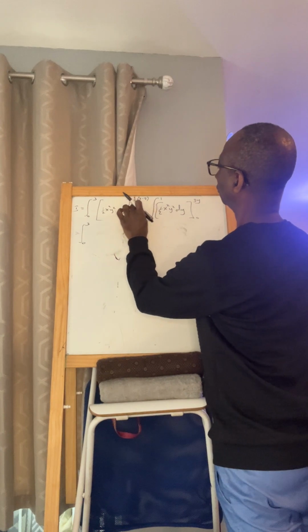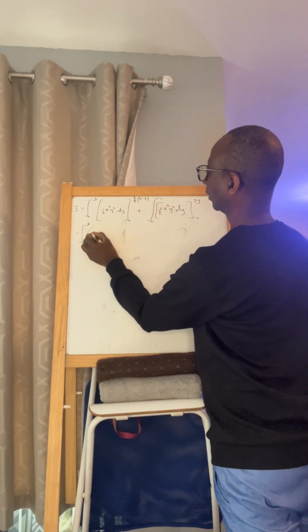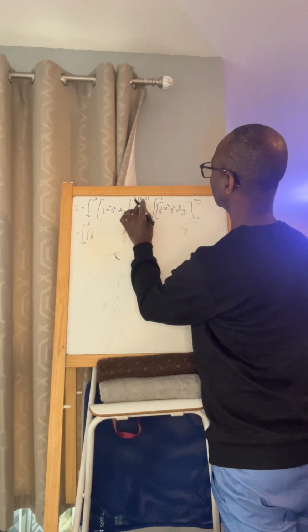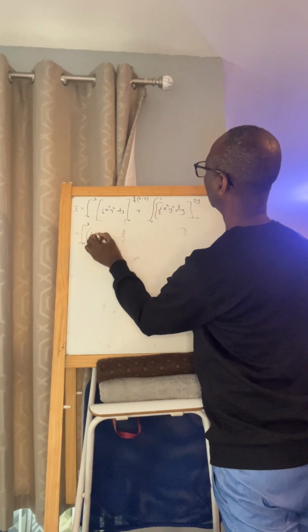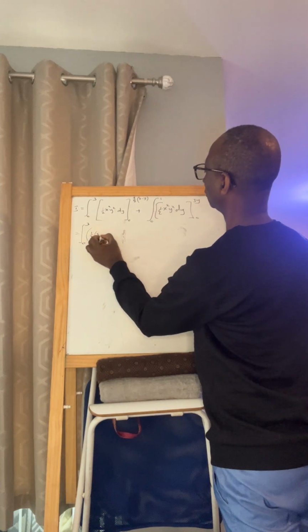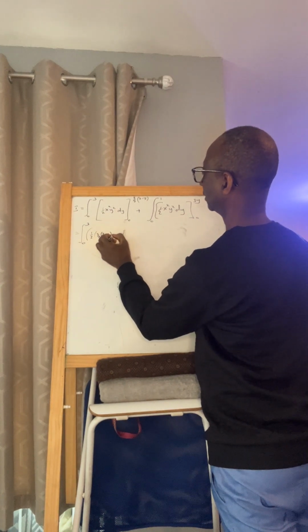Now, we put in this value here. Wherever you see x, you put 3 all over 2 into 3 minus y. That's our x.